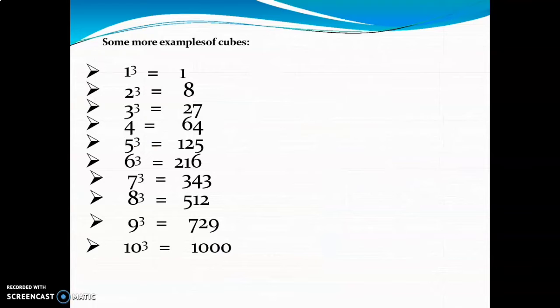Next, here you can see some more examples of cubes. The cube of 1 means 1 is multiplied 3 times by itself. Similarly, here we have the cube of 2, the cube of 3, the cube of 4. How did you get 64?